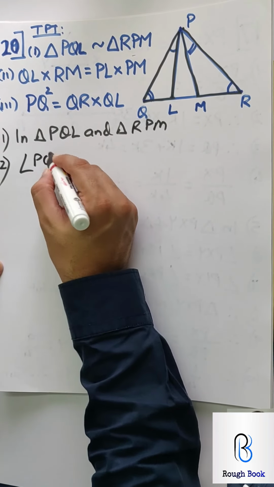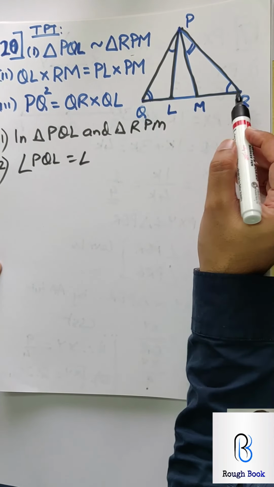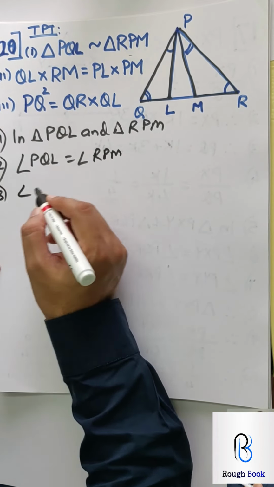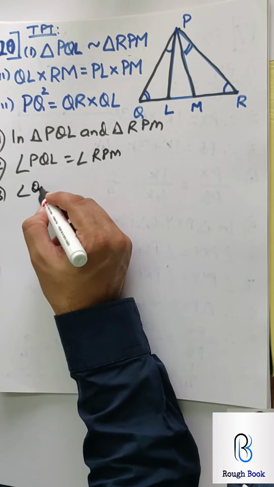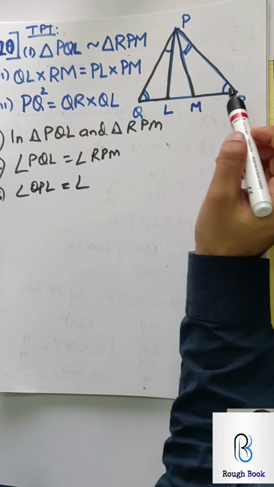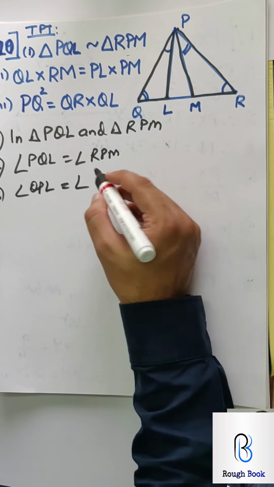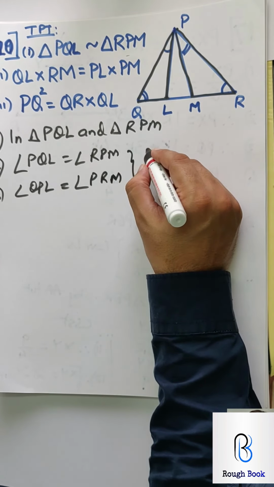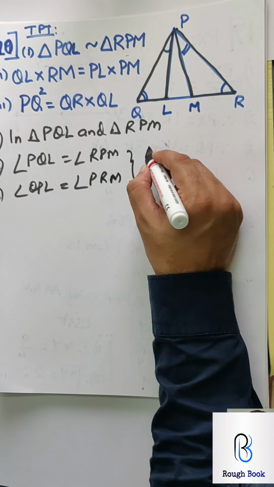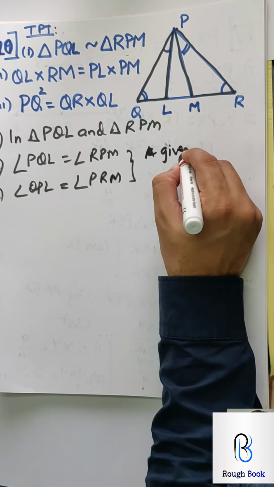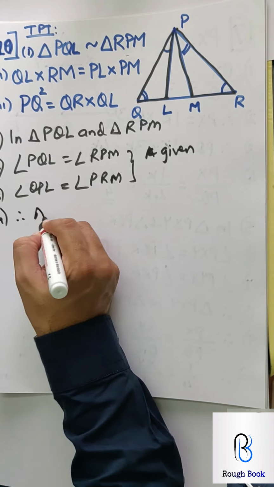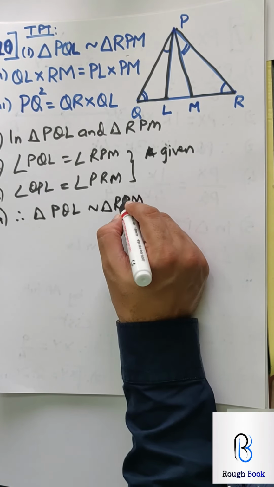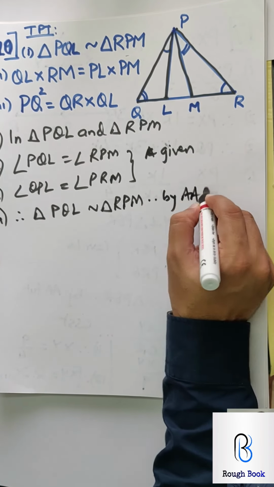Angle PQL equals angle RPM, angle QPL equals angle PRM. Reason for both of them is given. Further, therefore triangle PQL is similar to triangle RPM by AA test.